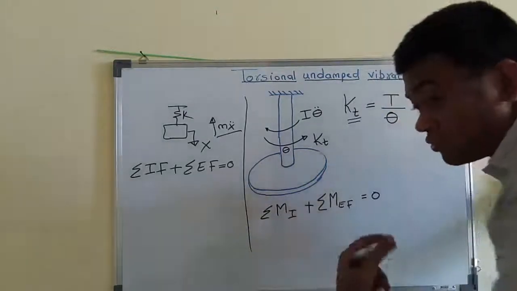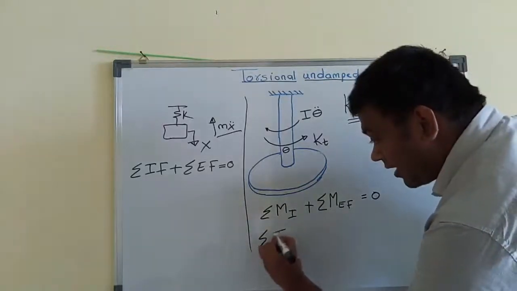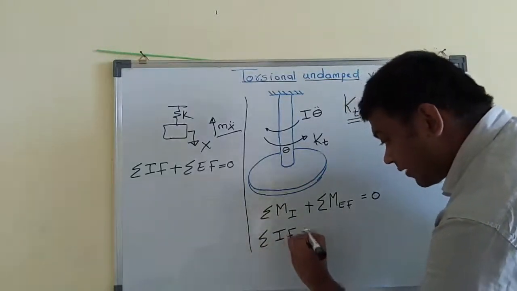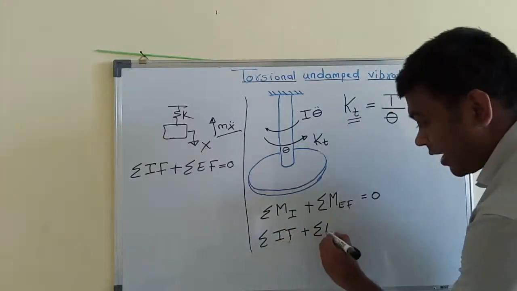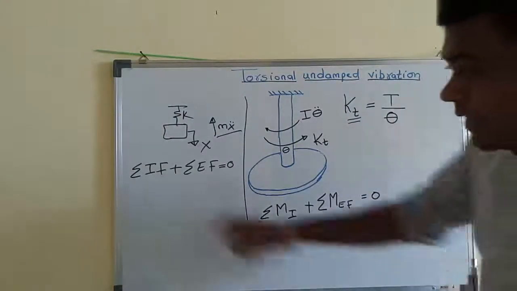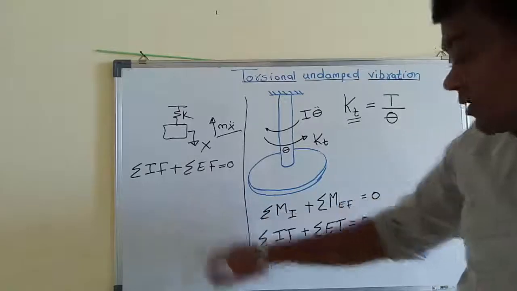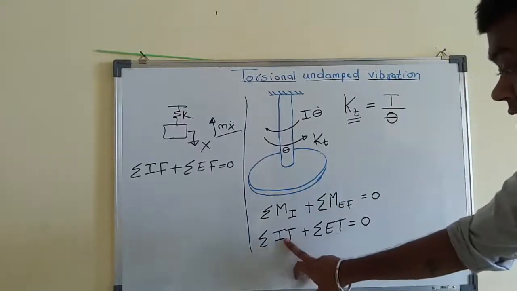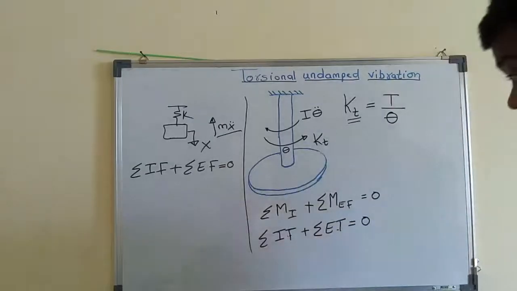We can also state this as summation of inertia torque plus summation of the external torque equals 0, in simplified language: inertia force plus external force equals 0 for linear vibration, and for torsional vibration, inertia torque plus external torque equals 0.